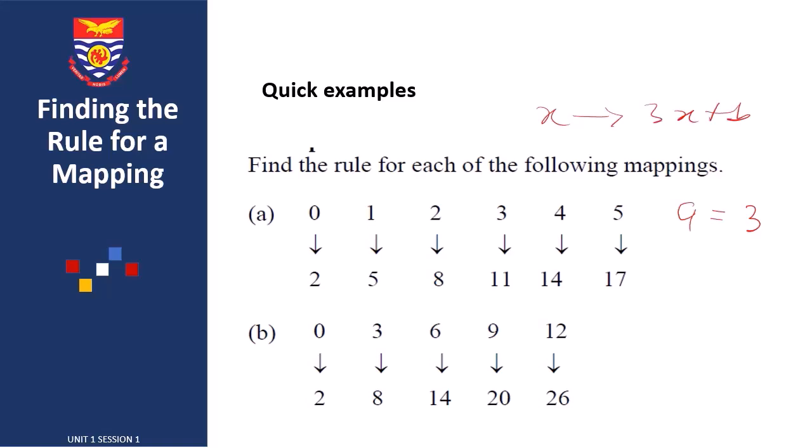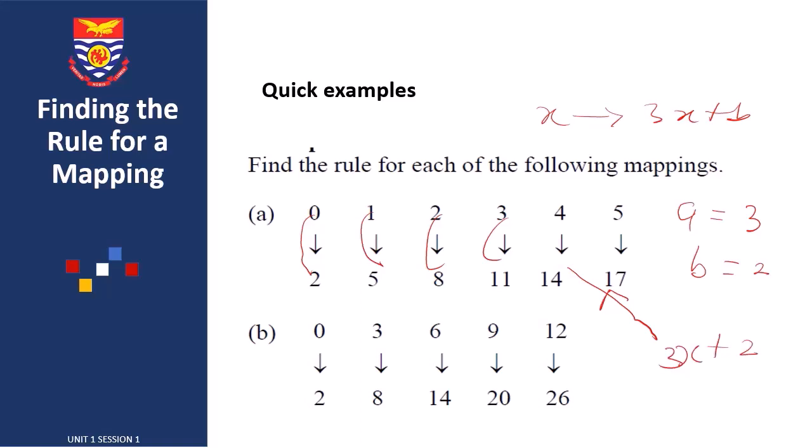Using any of the values, you put them in and get b equal to 2. Therefore, the rule here is 3x plus 2.